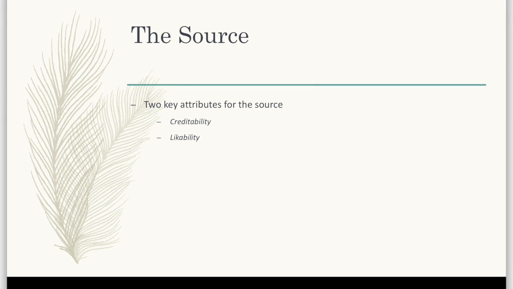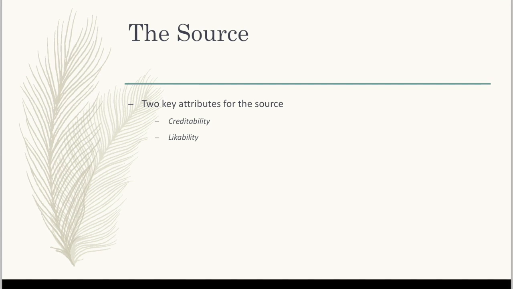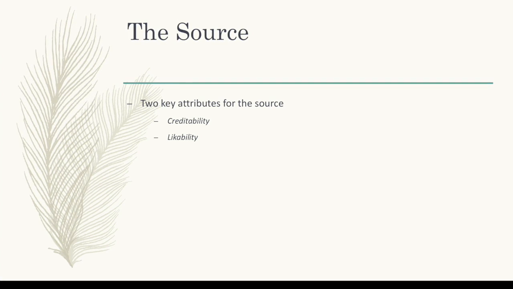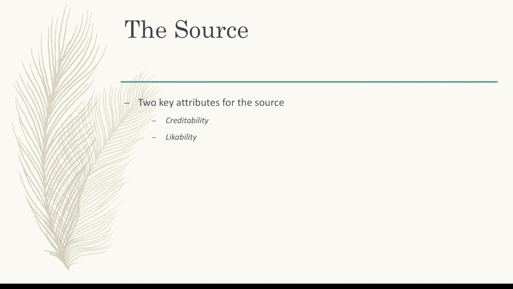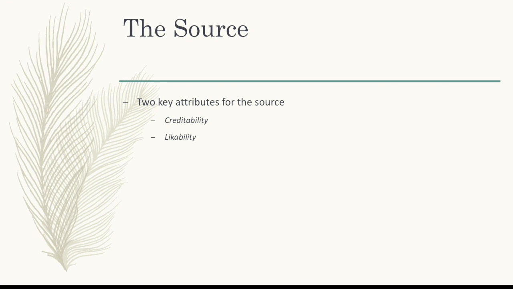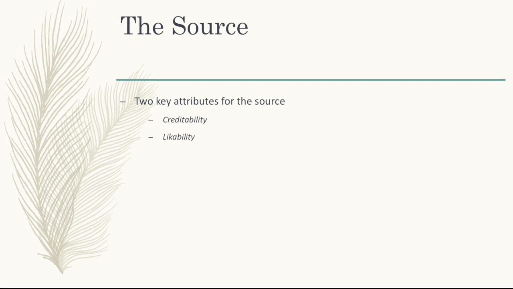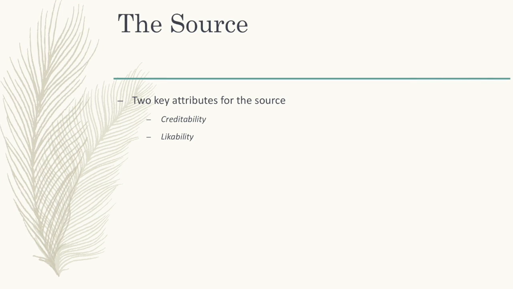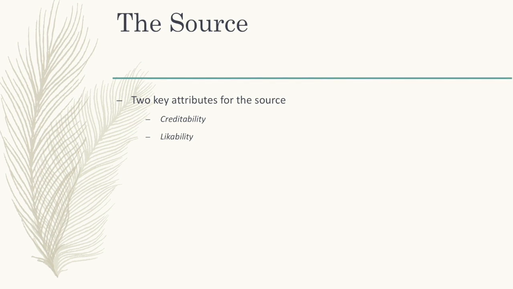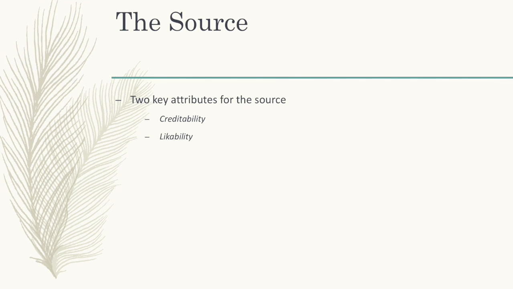So, for example, with credibility, you may find yourself believing CNN or Fox News or HLN before you will believe a tabloid magazine, even if both are spreading the exact same news. You would find that CNN would be more credible and a more reliable source than a tabloid magazine would.